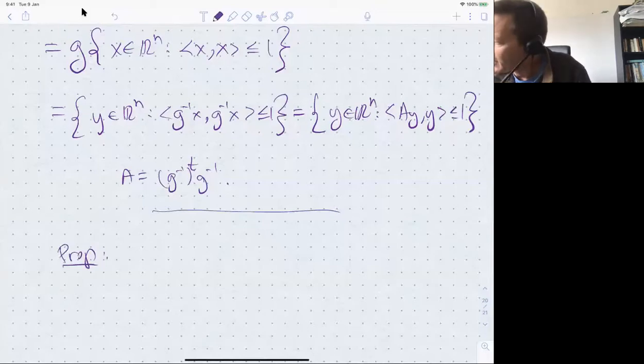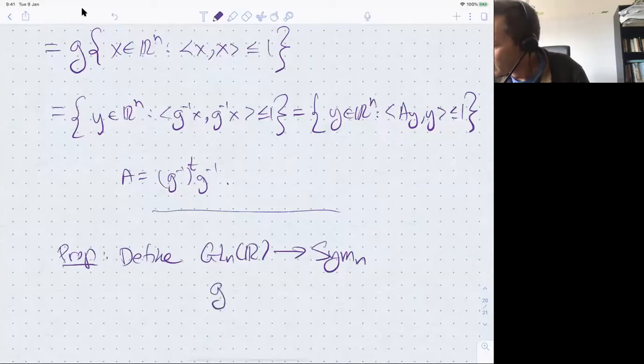So let's define a map from GLNR to symmetric matrices. It's mapping a matrix G into a matrix A of G, and A of G is defined by G transpose G minus the identity.